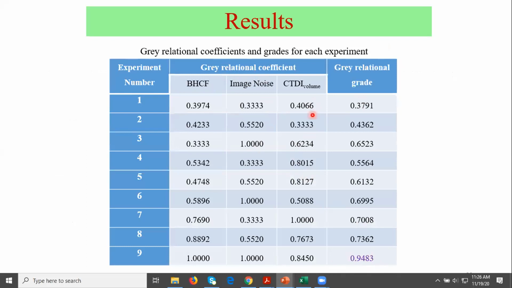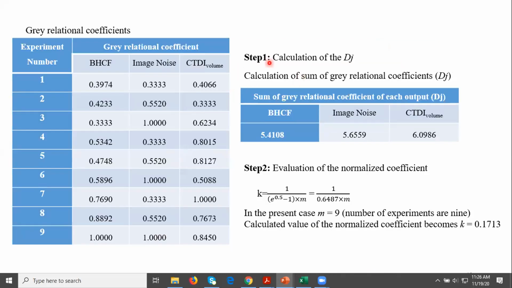This gradation coefficient value I'm taking from these gradation coefficients. I'm calculating Dj, D sub g, that means the sum of gradation coefficients. This total summation, whatever is coming, I have represented here.